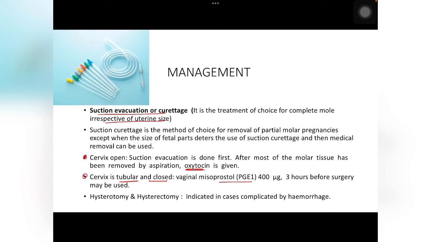It is not easy to aspirate a fetus leg in suction, right? So in those conditions, you can prefer medical management. Once the patient expels the products, then you can suction it out. And if there is any severe hemorrhage, then you can even land up in laparotomy or hysterectomy. But whenever the question is about molar pregnancy, always go ahead with suction evacuation.